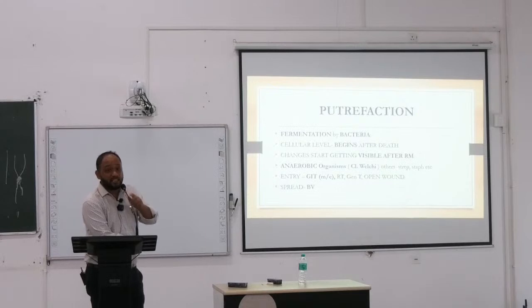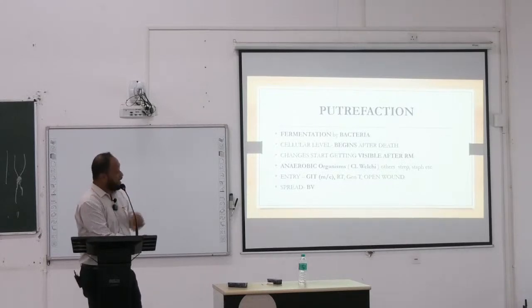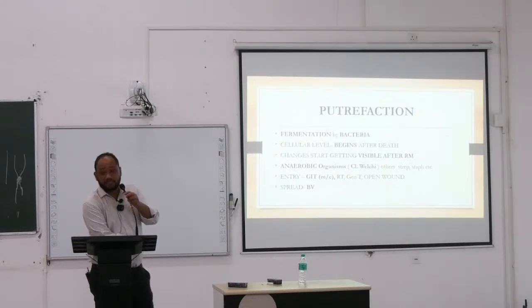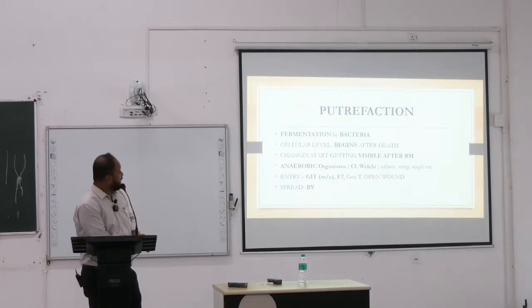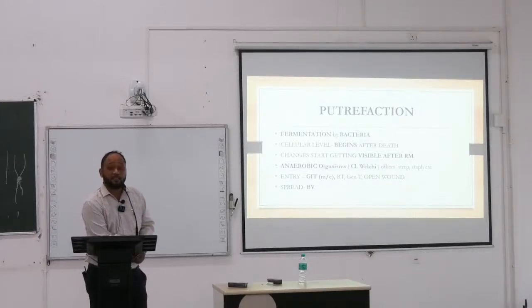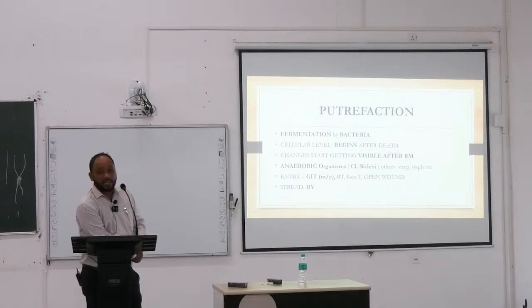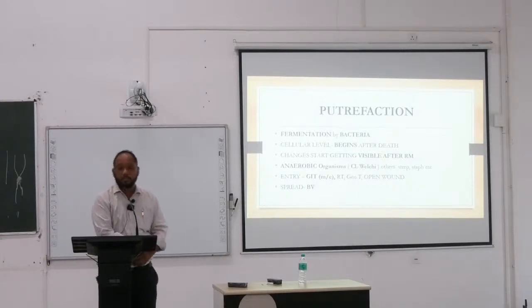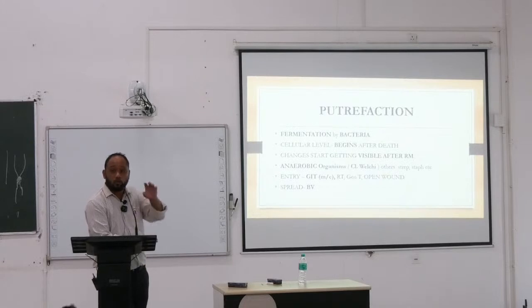These bacteria ferment; they are mostly anaerobic bacteria, mainly Clostridium welchii. How do these bacteria enter? They enter through the gut, that is the GIT, then arteries, respiratory tract, genital tract, and if there is any open injury, through wounds.